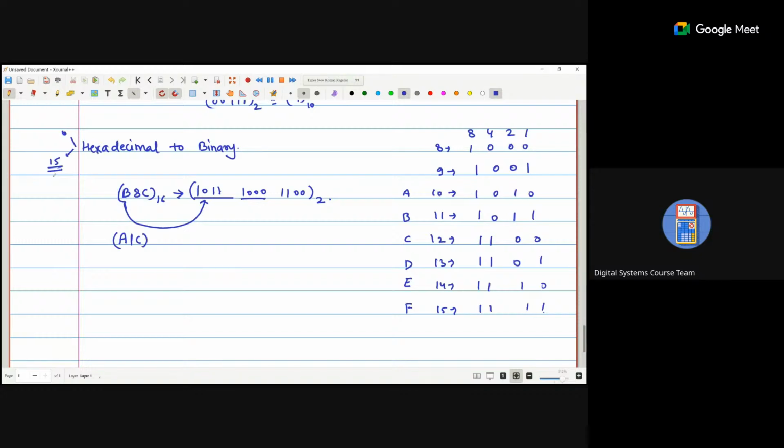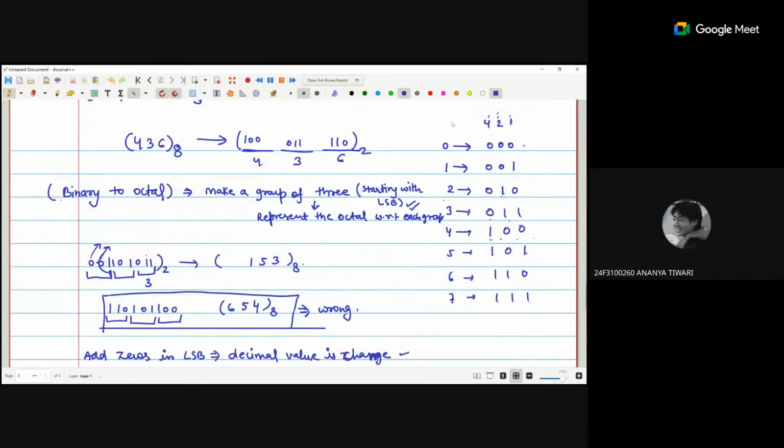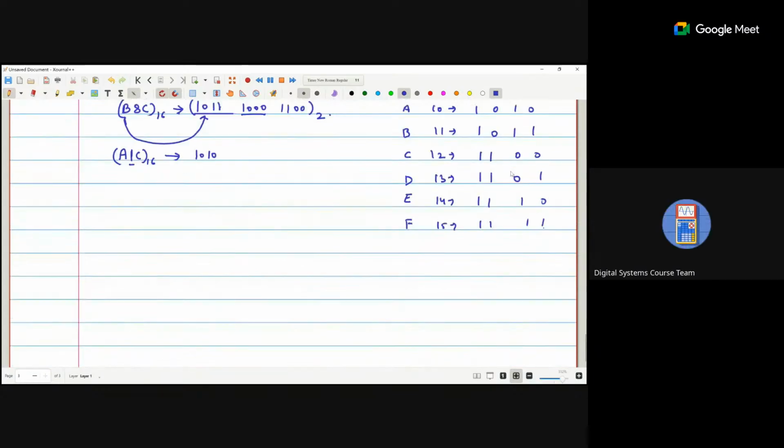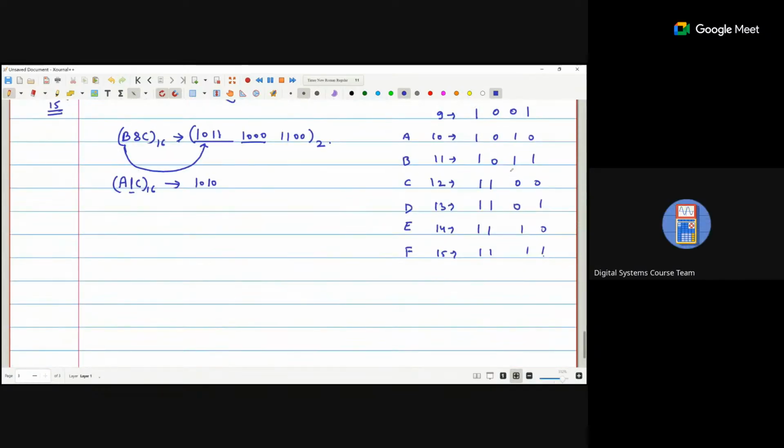Similarly, A1C. A is 10, which is 1010. Now 1: don't be confused, 1 should be 001, but that is 3 digits. We have to represent every digit in 4 bits. So that is why it is 0001.